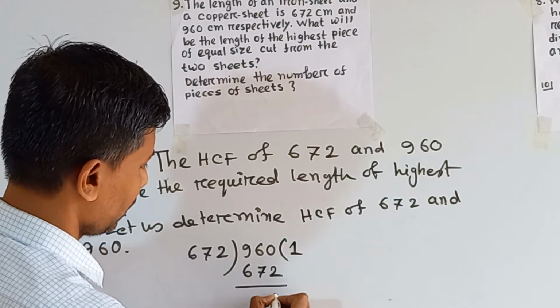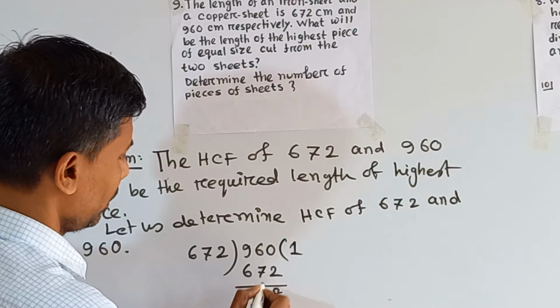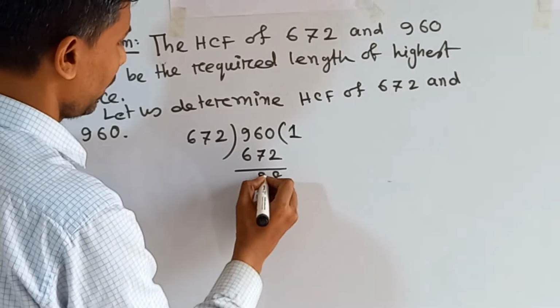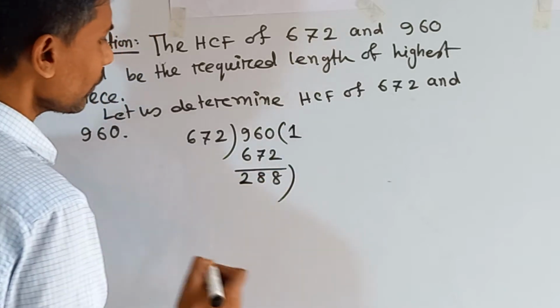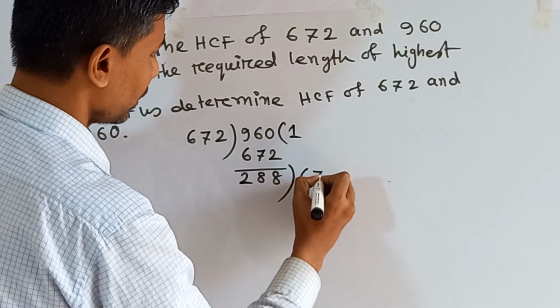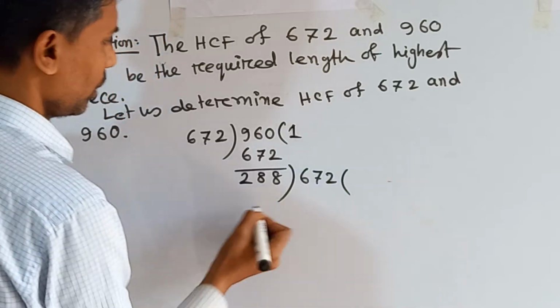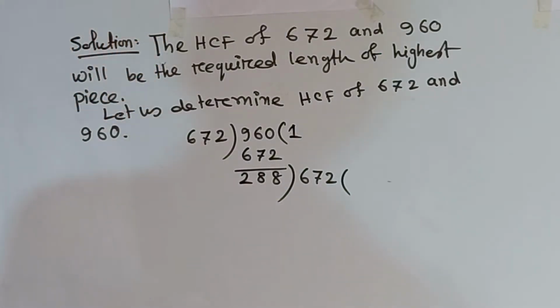Now divide 960 by 672. Now subtract, you get 288. Again divide 672 by 288.